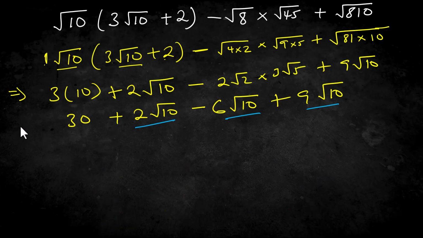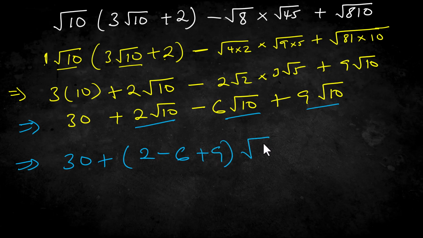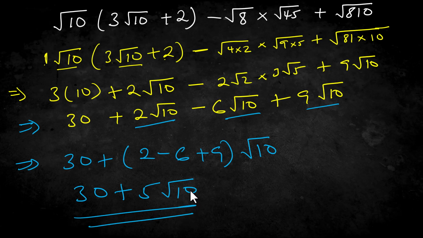Let me bring the 30 first. 30 plus, let me use brackets, (2 minus 6 plus 9) root 10. So 30 plus 5 root 10 is our answer. All right, so that's that.